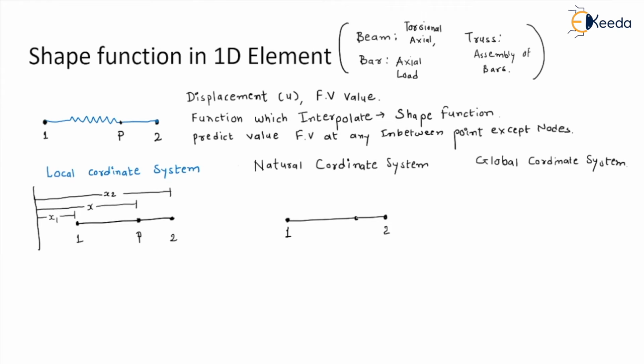So let's say P point is here randomly. Now the datum plane will be different. In the local coordinate system the datum plane is here, and in natural coordinate system the datum plane is here.